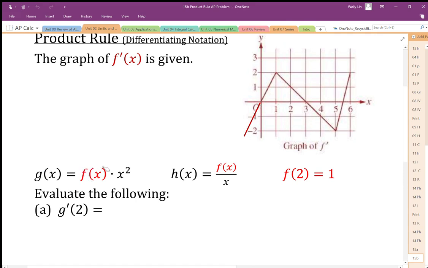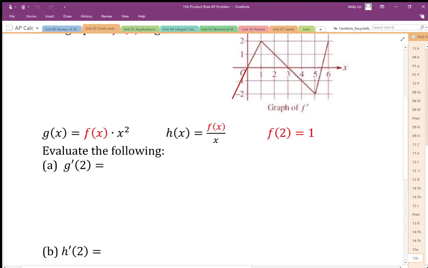So here's f times x squared gives me the function g. If I take the function f, and again this is not f but f prime, but the undifferentiated form of f here divided by x will give me h. And here we've been given some information about f. So f of 2 equals 1. So this is some information about the y values on the actual graph of f, not f prime.